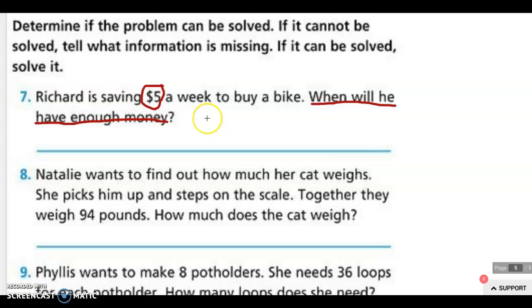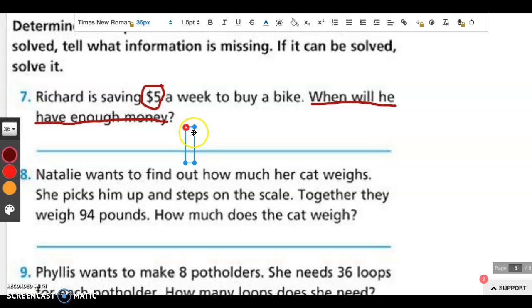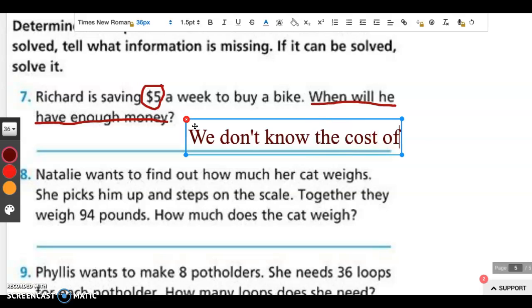So is that going to take him 1 week, 2 weeks, 3 weeks? Let's see. If he saved for 3 weeks, that would be $15. Is that enough for the bike? Oh, wait. We don't know how much the bike costs. So I'm going to go ahead and say we don't know the cost of the bike.